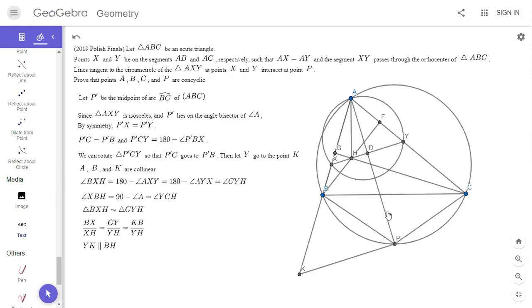I wanted to show P prime X and P prime Y were both tangent. Trying to remember where I was going with this.